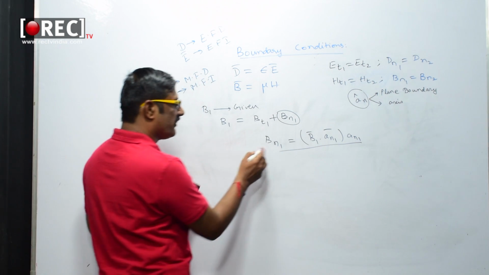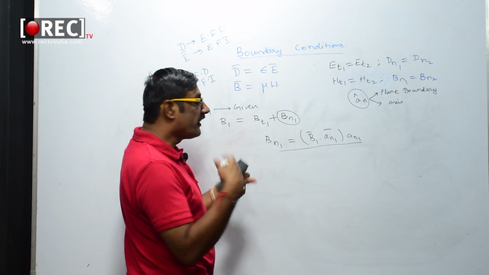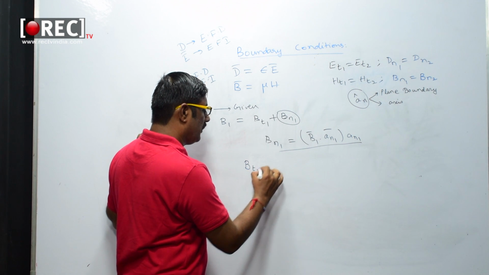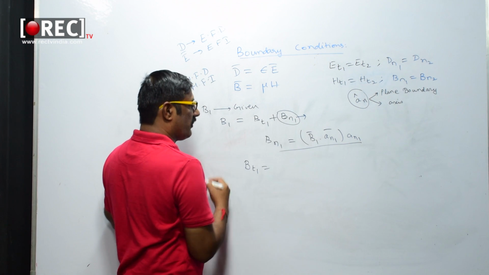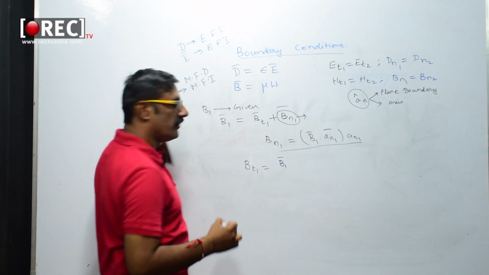This is the relation to get the normal component. How will we get the tangential component afterwards? From this equation, B_T1 would be B1 bar minus B_N1 bar, where all of these are vectors.